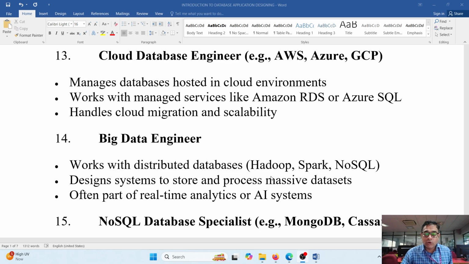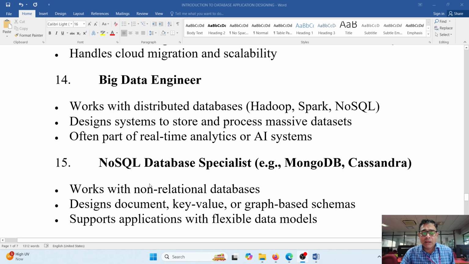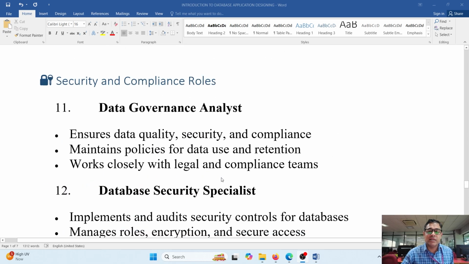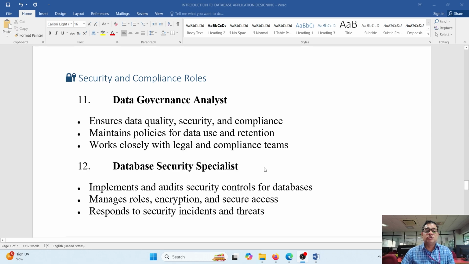But if you explore more, Hadoop, Spark, NoSQL are part of big data, where millions, trillions of data are stored and you handle this data as a big data engineer. Then you can also become a NoSQL database specialist, dealing with NoSQL, like MongoDB, Cassandra, which are some of the database platforms. So you can become an expert in that. These are some of the job roles that the industry provides.